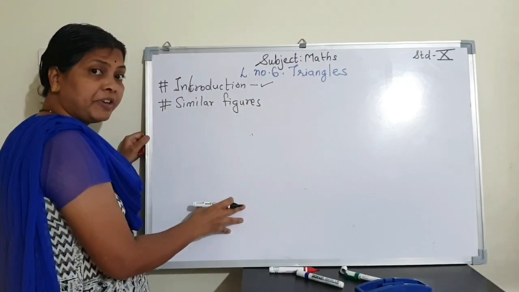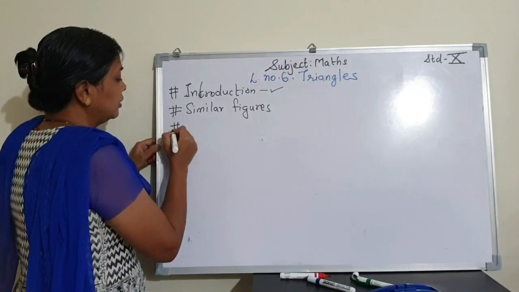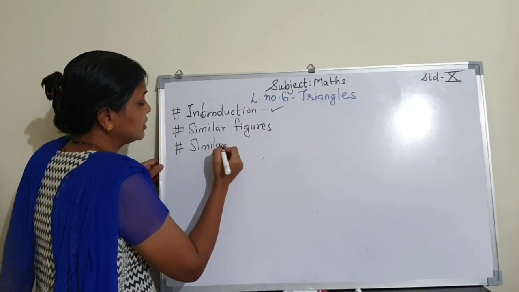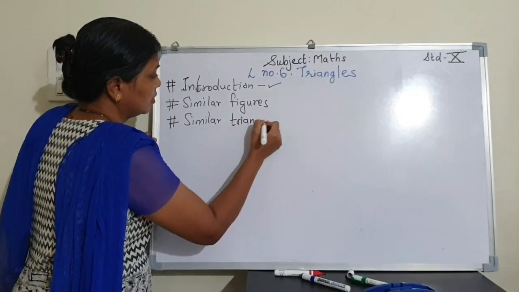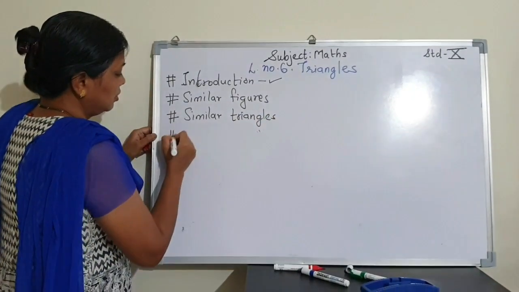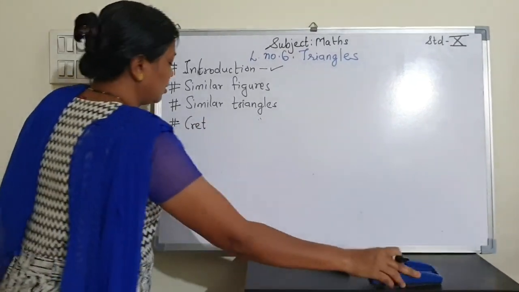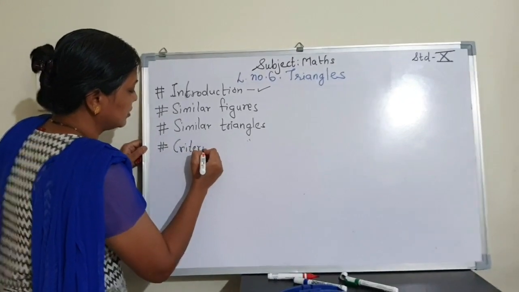Like in the previous example, you have seen how the two triangles were similar. Then particularly we are going to see in this lesson similar triangles. Then criteria for similarity of triangles.